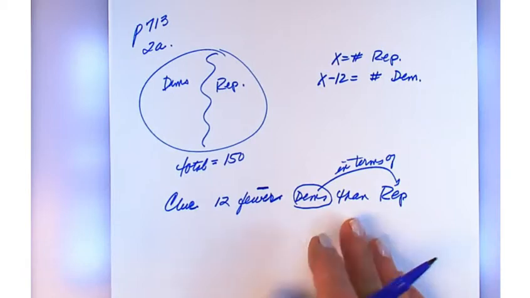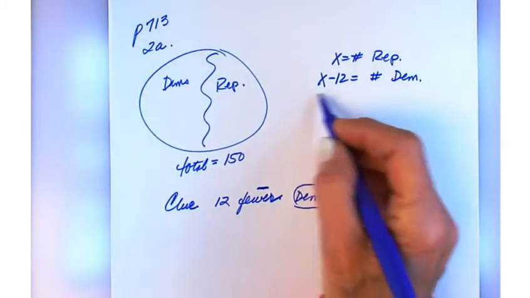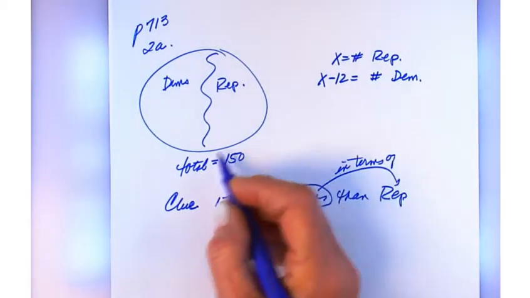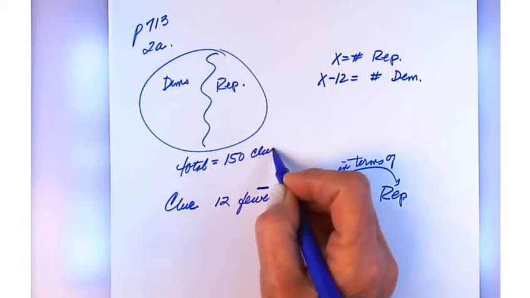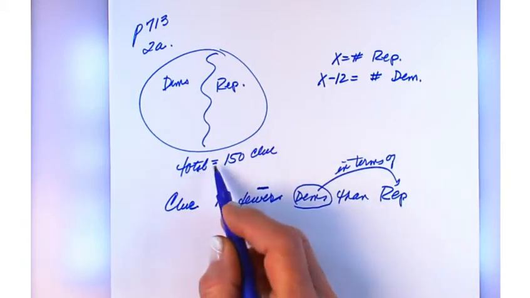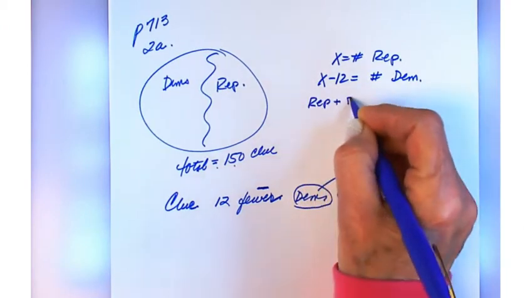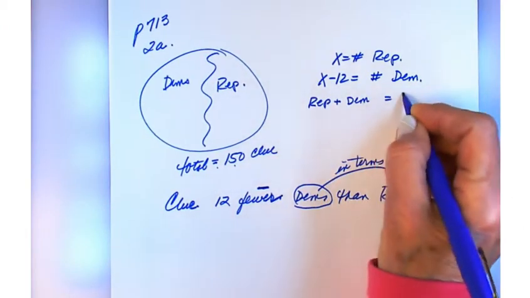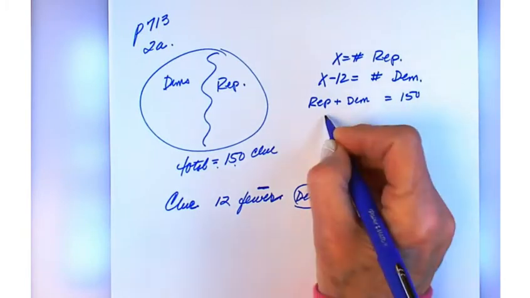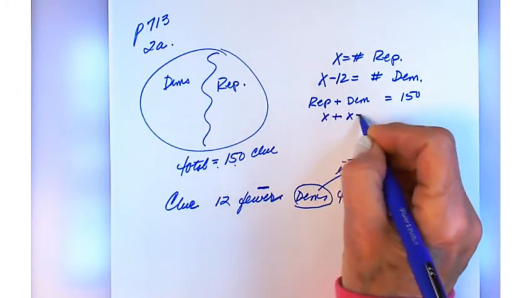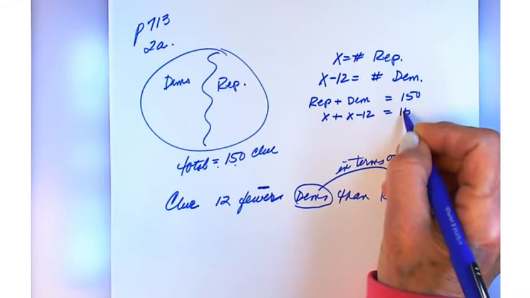Now we need to write the equation. My clue says the total is 150. Republicans plus Democrats equals 150. X plus X minus 12 is 150.